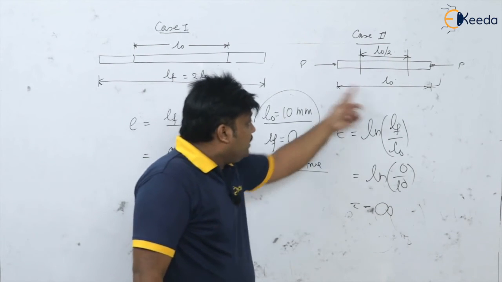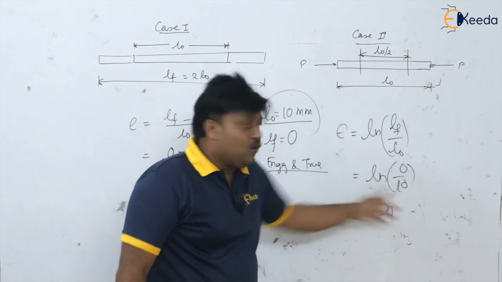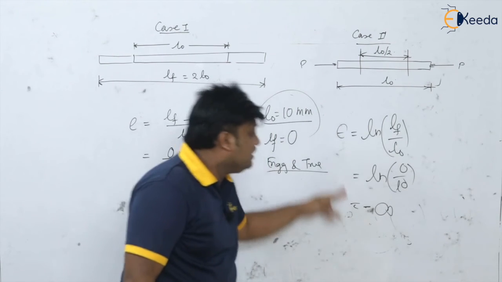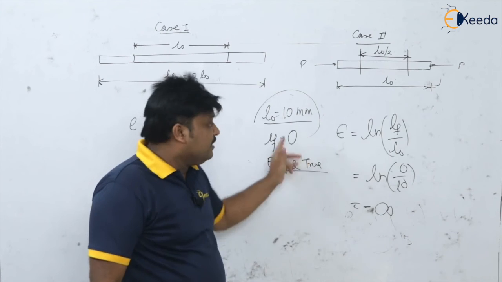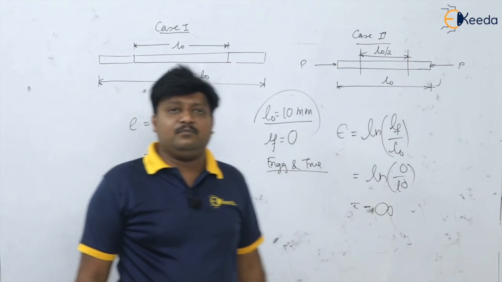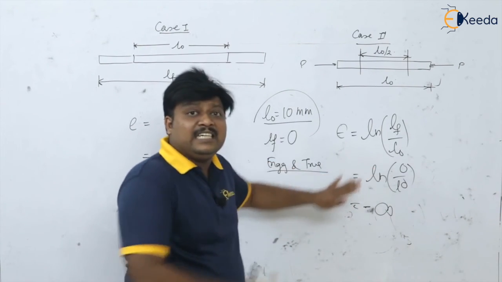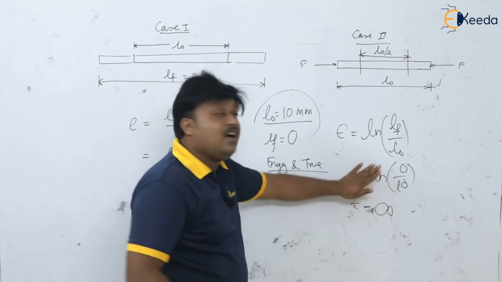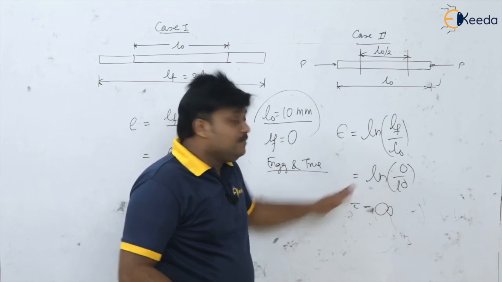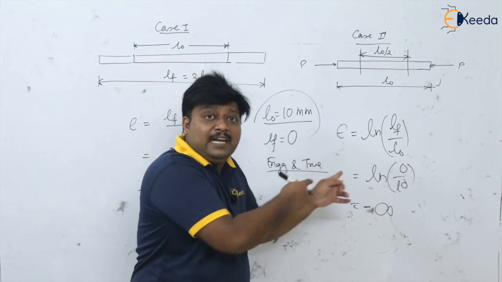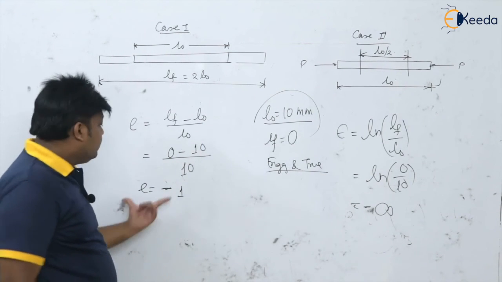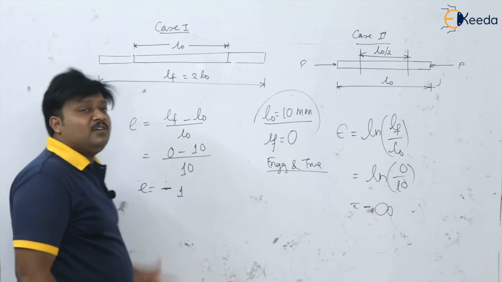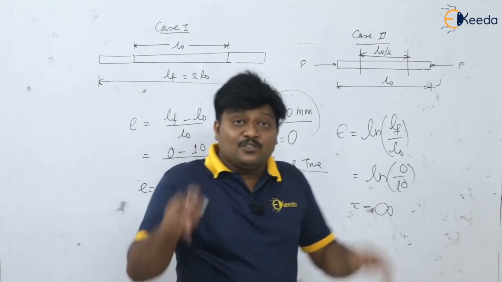But see, this is the real picture of the process. I deformed 10 mm directly to 0 height. I got the infinite deformation. This is consistent with the physical phenomenon. I am reaching towards reality by taking the true strain. But the engineering strain is showing me only negative 1. So that is the difference.